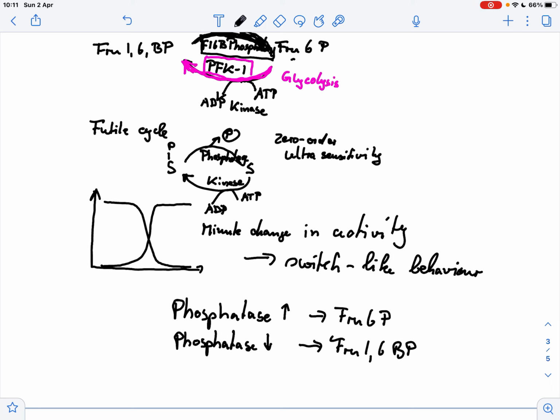And for glycolysis we reduce the activity of the phosphatase. So in glycolysis, the activity of the phosphatase is slightly reduced. So we go here, glycolysis.